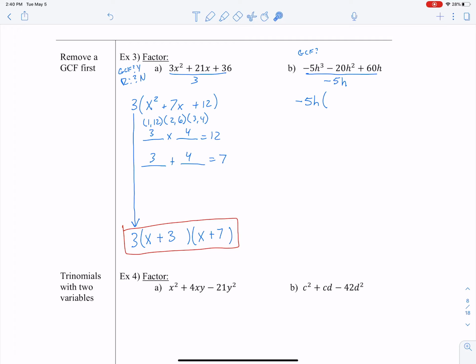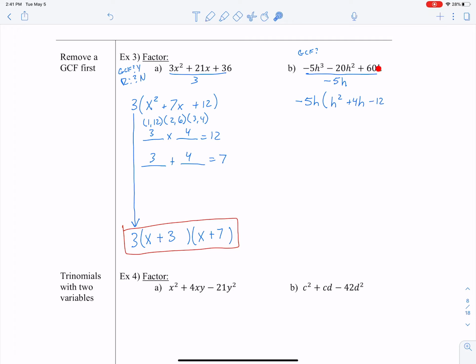So then we have -5h cubed divided by -5h, and that's going to give us just h squared. Next we have -20h squared divided by -5h. It's going to give us a positive 4h left over. And 60 divided by -5 is going to be -12.